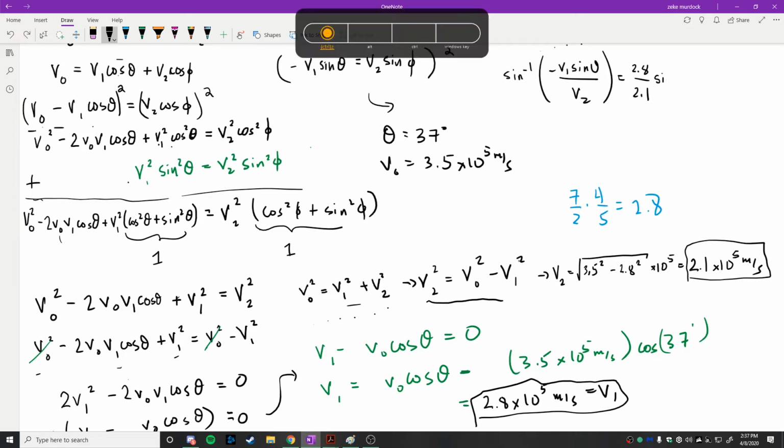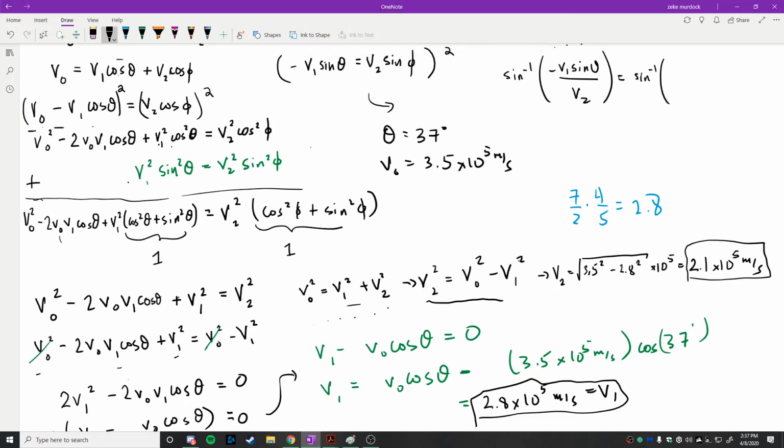Ooh, I left out the sine inverse part of this. So it's sine inverse of negative 2.8 over 2.1 times sine of 37 degrees. I'm almost certain that this is going to come out to be 53 degrees.